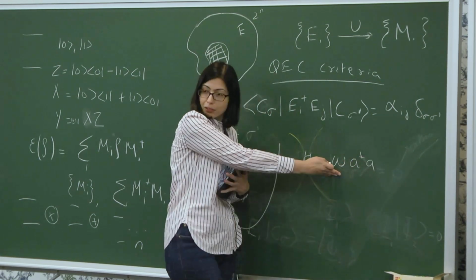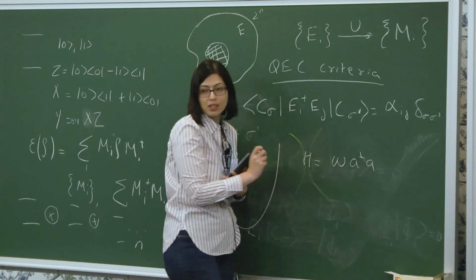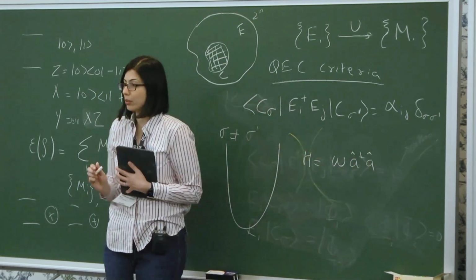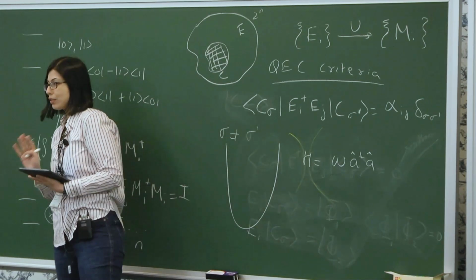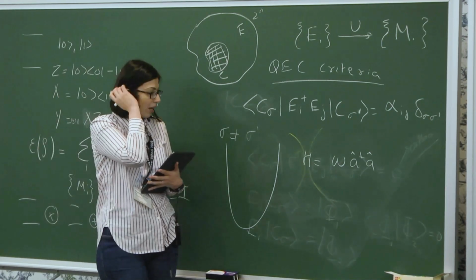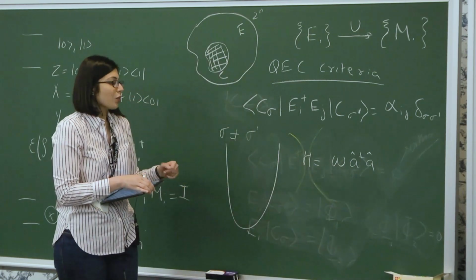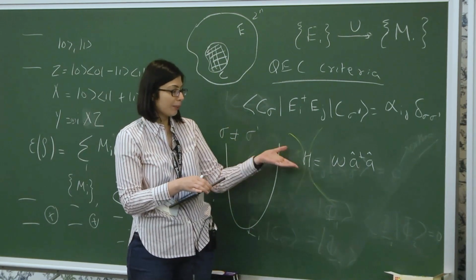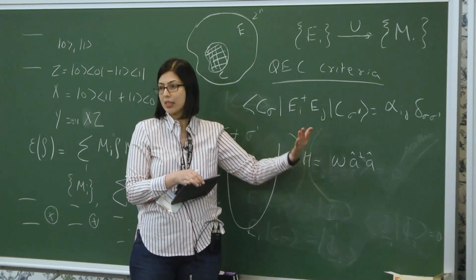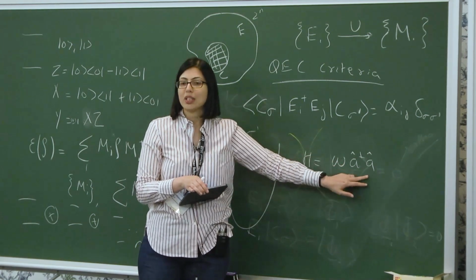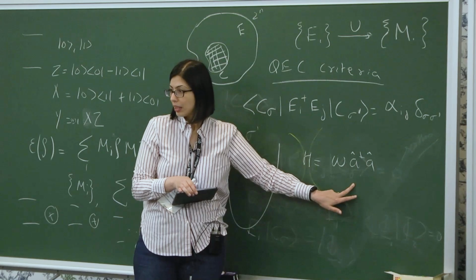Again, omega is the frequency of the oscillator, and a and a dagger are operators. Ideally I should put hats on top of these, but I'm not going to from here on out. a and a dagger are always operators. The Hamiltonian of a free linear harmonic oscillator is this guy over here.